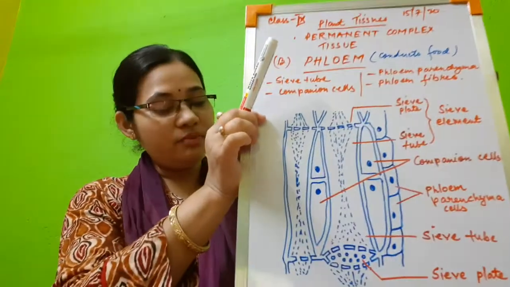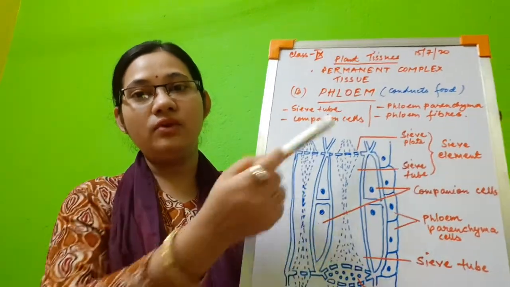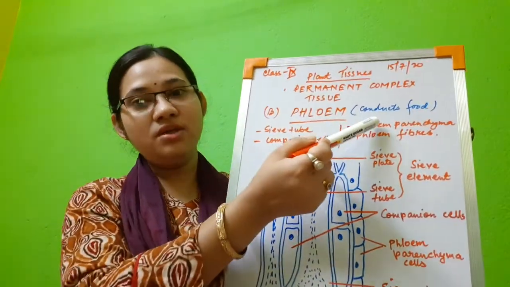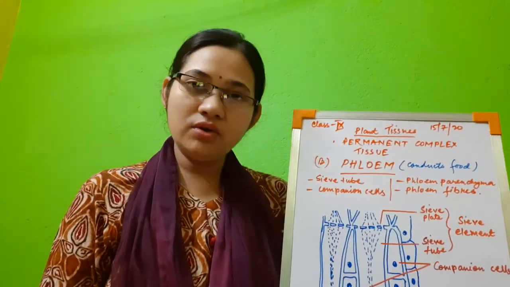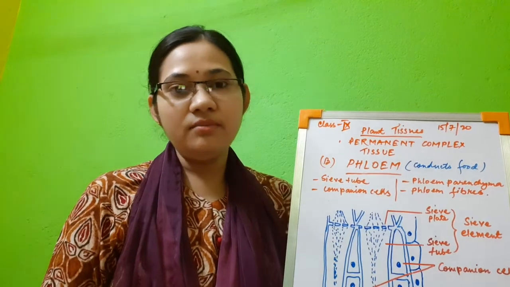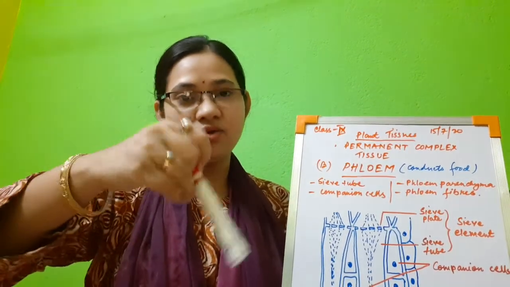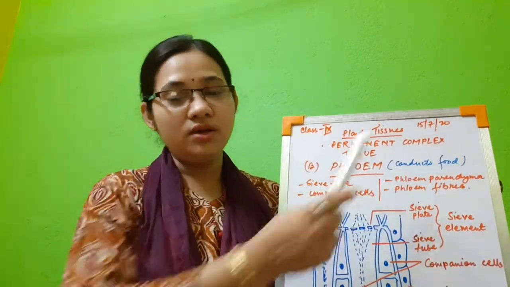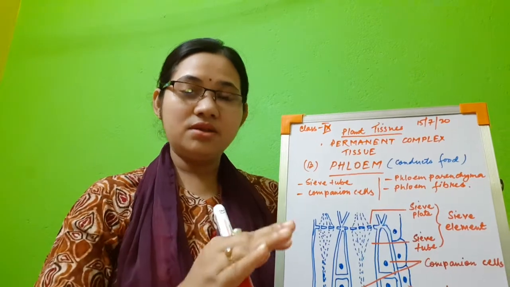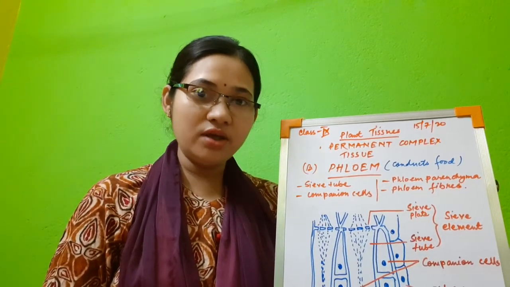Now the most important point: what is the function of phloem tissue as a whole? Phloem tissue helps in conduction of food. Yesterday I showed you in the video that xylem and phloem are present in the vascular bundles in the stem, in a ring-like fashion. Phloem helps in conduction of food from the leaves to different parts of the plant, because food is prepared during photosynthesis.